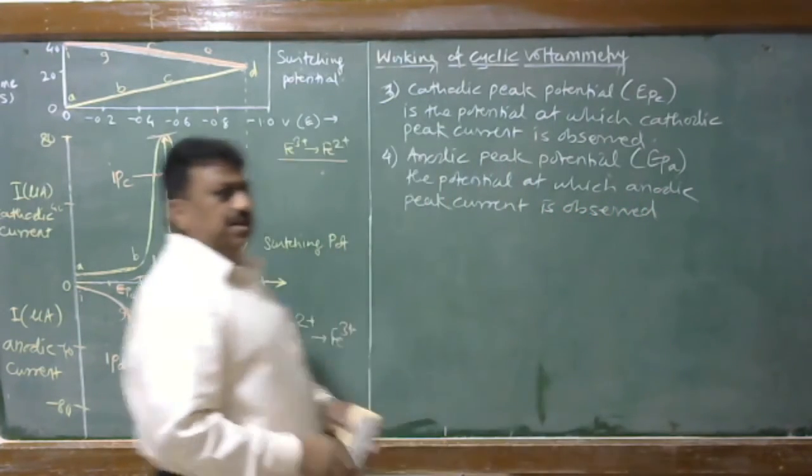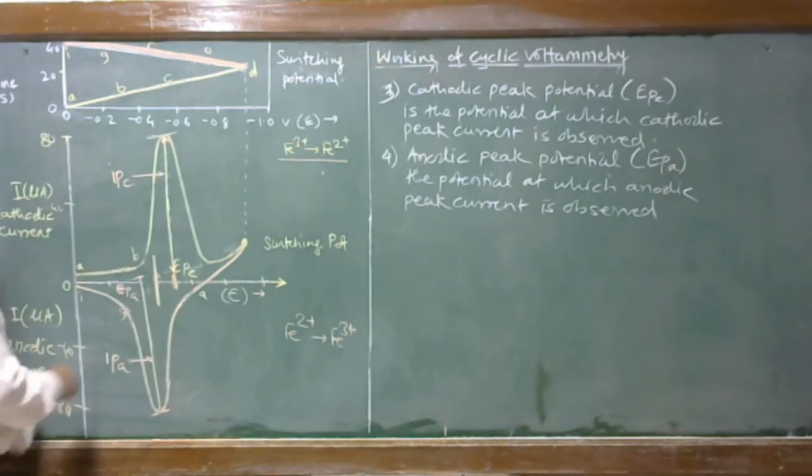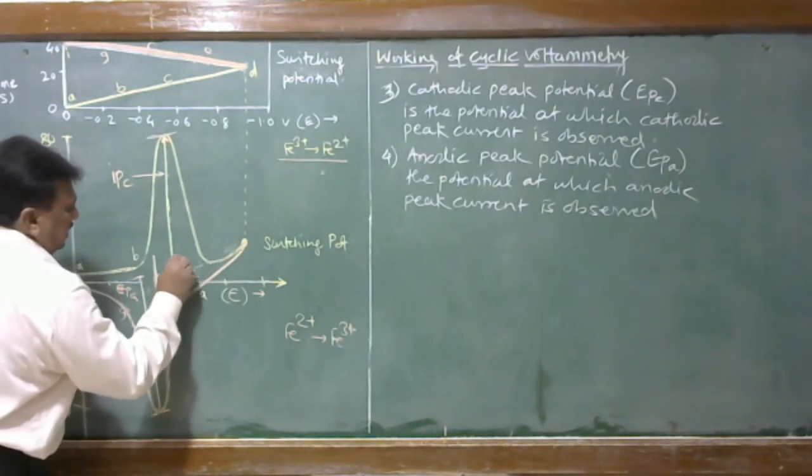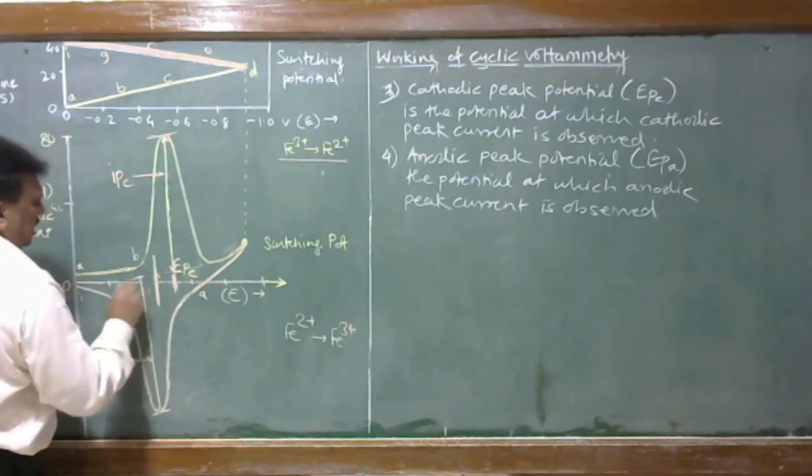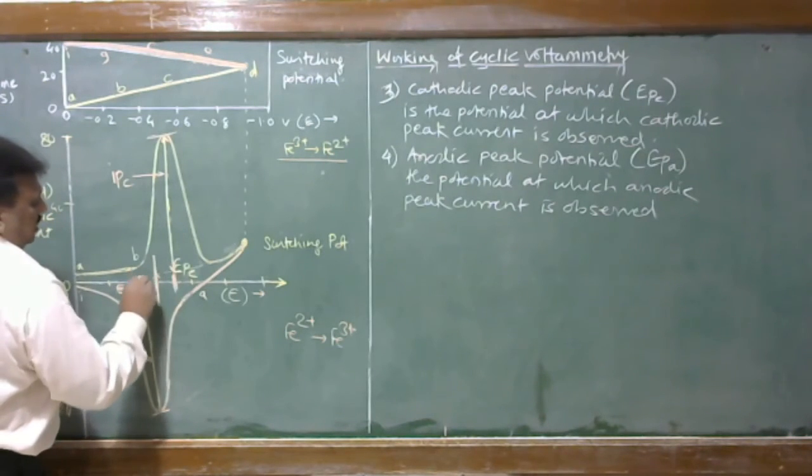Therefore, in cyclic voltammogram, this is EPC and this is EPA.